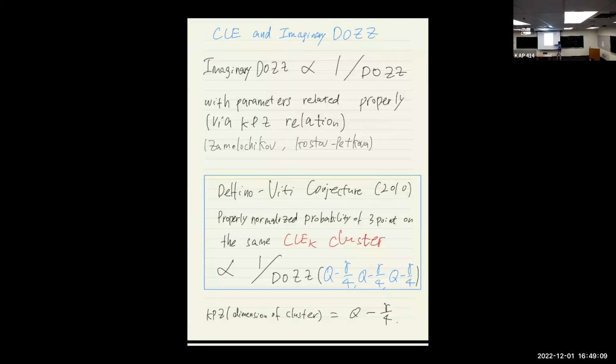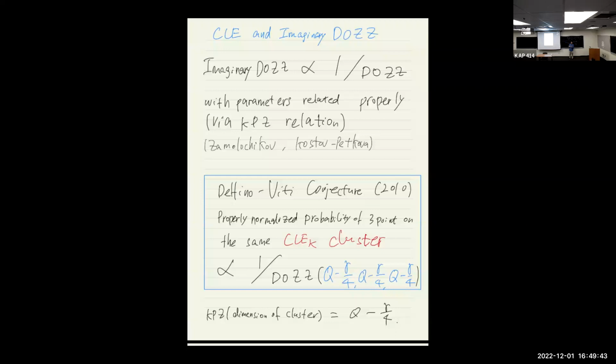The content of this conjecture is just saying that if you have 3 points in the plane and you ask what's the probability that they are lying on the same percolation cluster, this probability will converge to a certain quantity. So I consider the probability that 3 points are in the same percolation cluster. And as this delta tends to 0, this will converge to a certain quantity. And this quantity is lattice dependent.